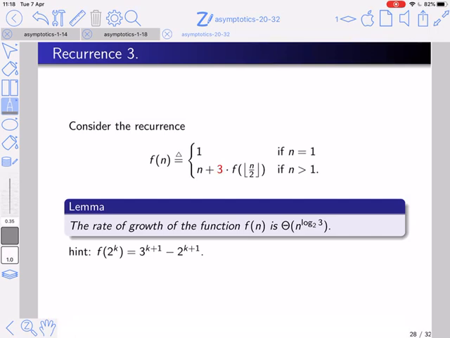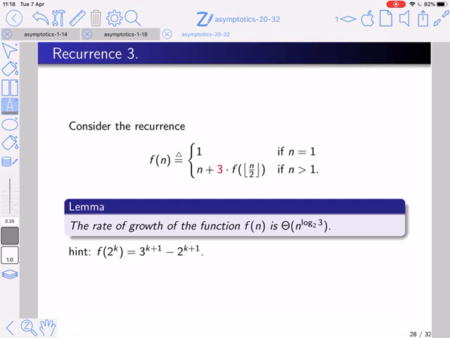Now you may ask, what is the rate of growth of this function? If you're interested in motivation for this function, we will show a circuit, the cost of which satisfies this recurrence later in the course. Okay? So let's skip the motivational part and do the analysis.